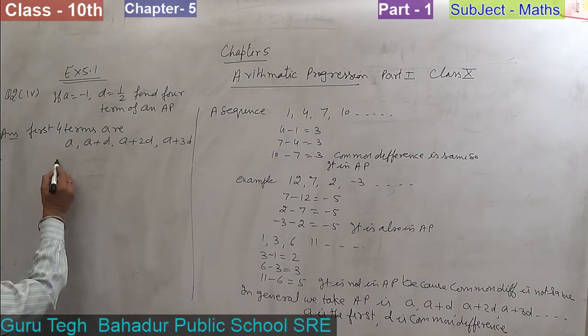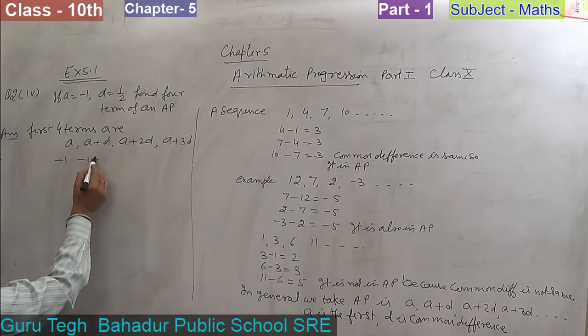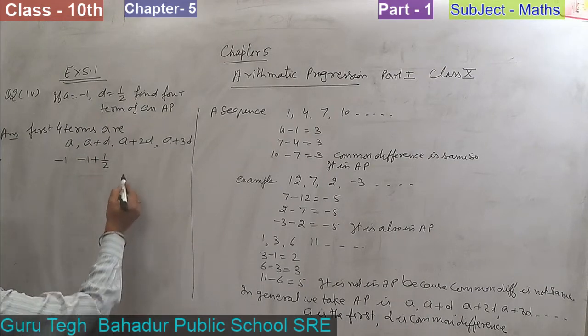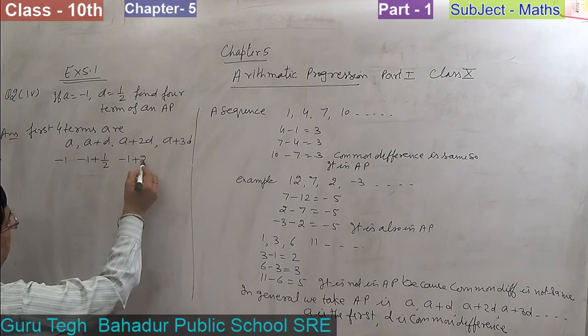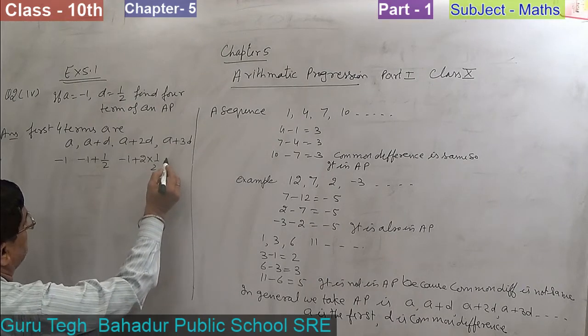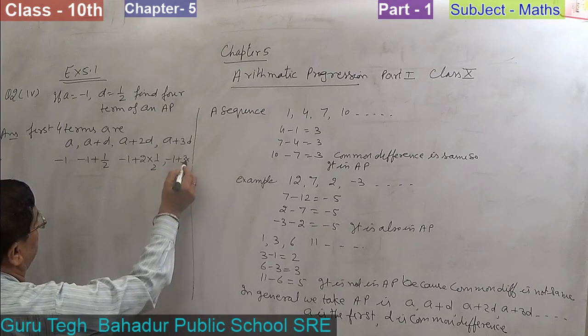Taking the values: minus 1, minus 1 plus 1 upon 2, minus 1 plus 2 into 1 upon 2, minus 1 plus 3 into 1 upon 2.